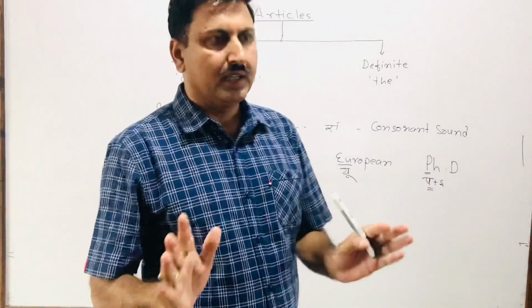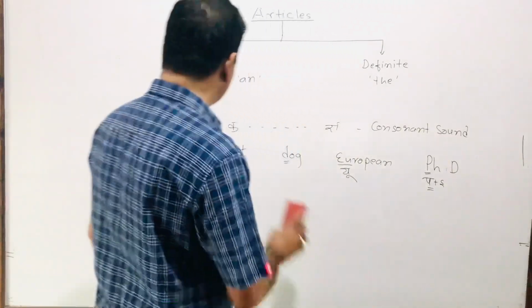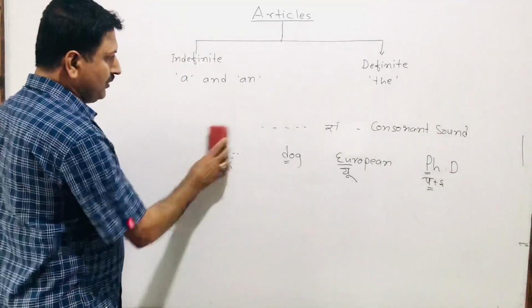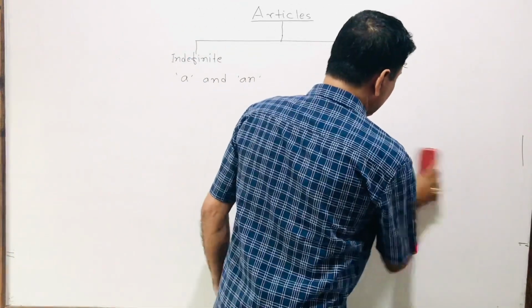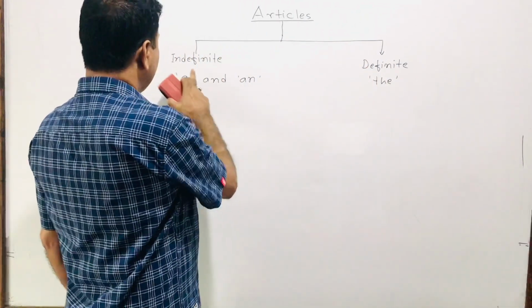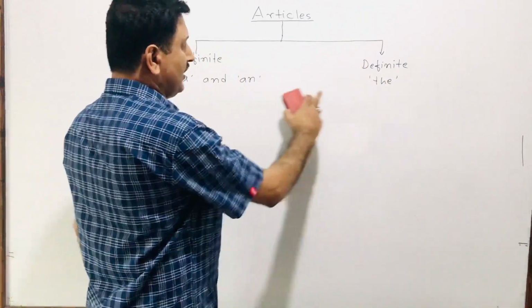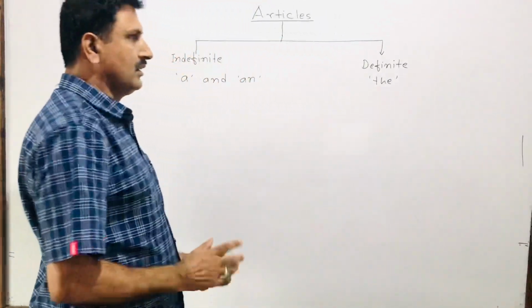Are you clear? If you are clear about the vowel and consonant sound, now I give you the way to use article A or AN, indefinite article, or to use the definite article THE.